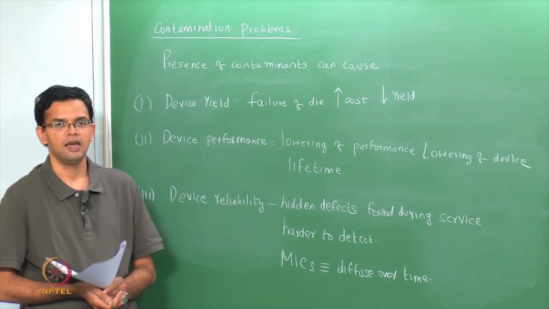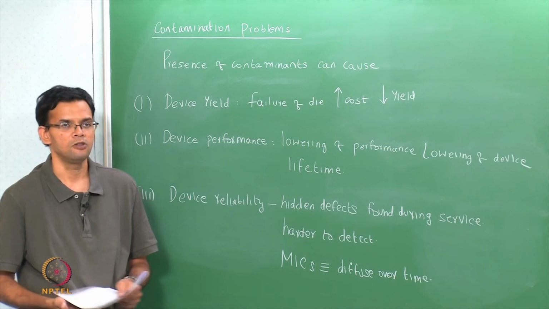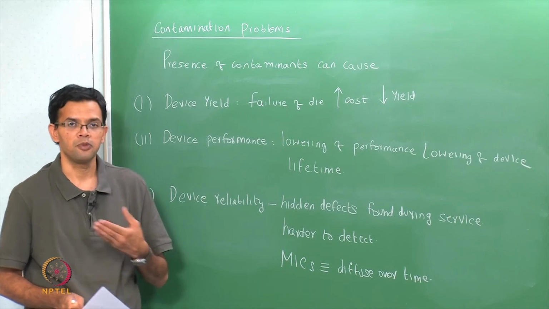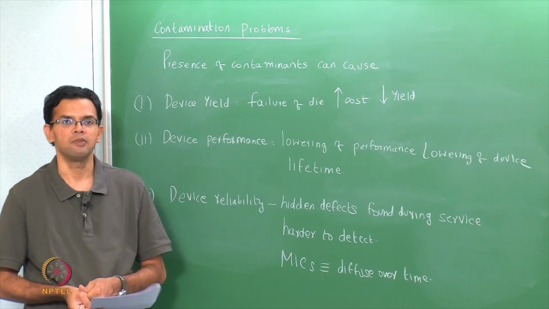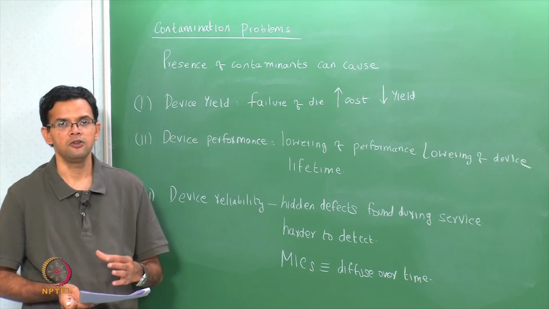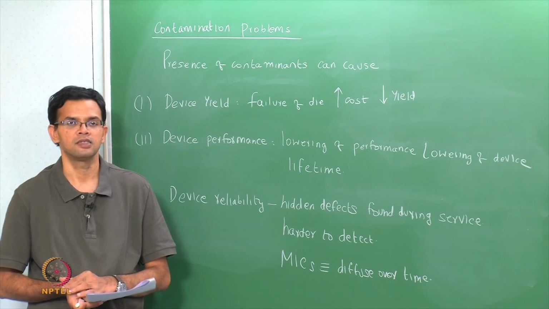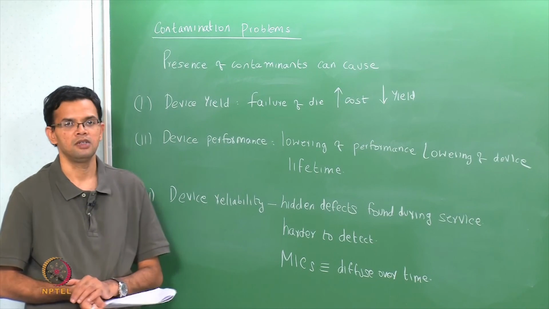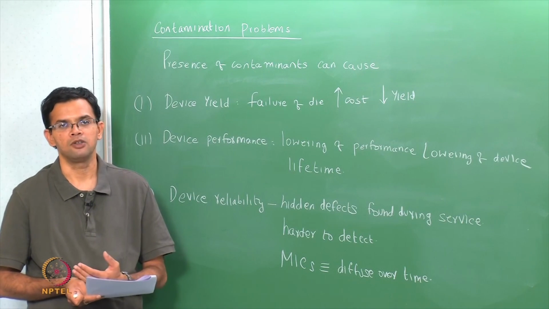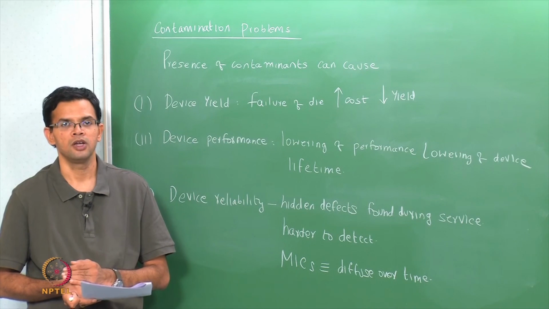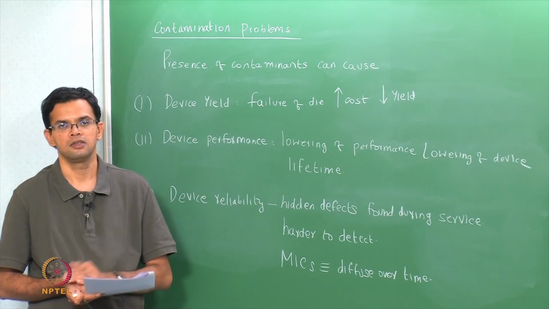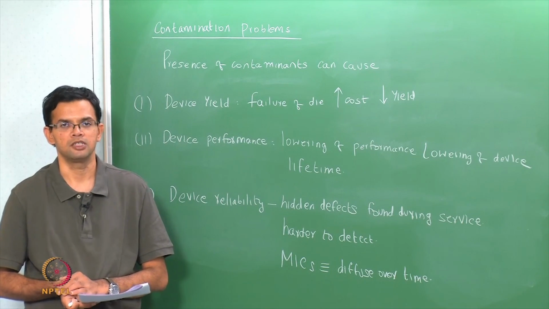So we have seen the types of contaminants. We have also seen the typical problems that arise due to contaminants. So next we need to look at some of the sources of contaminants and how to eliminate this. So this is one of the reasons why work in the fab is all carried out in a clean room in order to minimize the various sources of contamination.